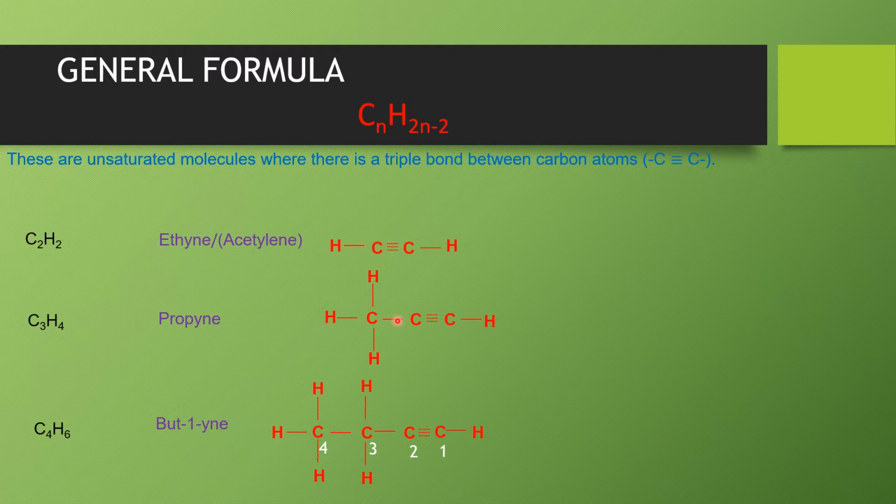The other way we can draw a 4 carbon alkyne is by putting the triple bond elsewhere apart from carbon 1. So we are going to put the 4 carbon atoms now, and you can see the triple bond now has been placed in the middle. Okay, let's complete the structure now.